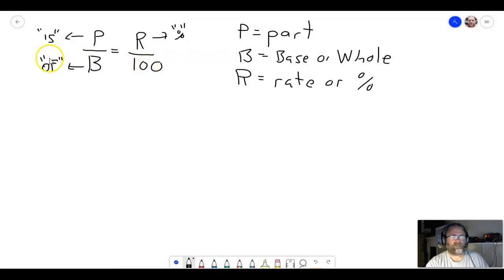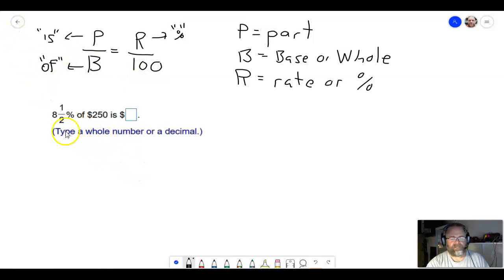All right, so let's go ahead and take a look at a specific example here. All right, so for this one here, it says 8.5% of $250 is how much money? All right, so we're going to use this here in order to kind of identify our variables. We should be able to replace two of these variables, which means that we're just going to be solving for the last one.